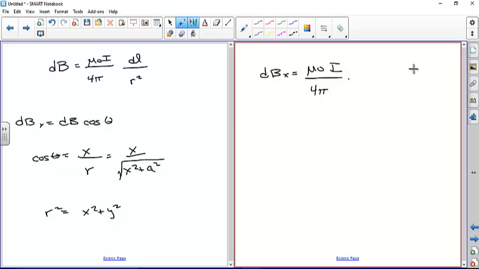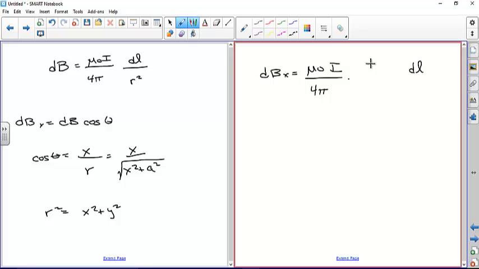Now the dl is still a dl, okay? But when we integrate dl, we're going to end up with the circumference of the circle, because in this case dl is not either x or y, there's not that correspondence.